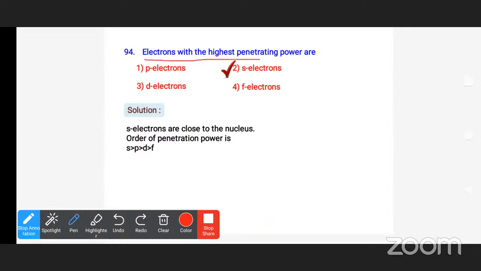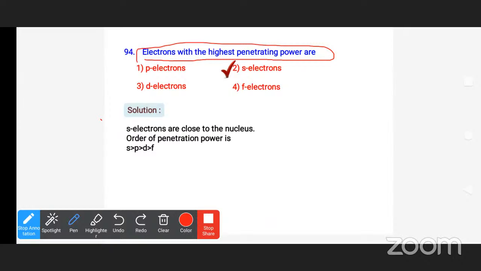Electrons with highest penetrating power are, here already IE value factor affecting ionization potential, that is extent of penetration of the orbital of the valence electron. So what is the penetrating effect for a given principal quantum number n? Due to spherical shape, the s orbital penetrates more towards the nucleus, so s electron requires a large amount of energy for its removal.